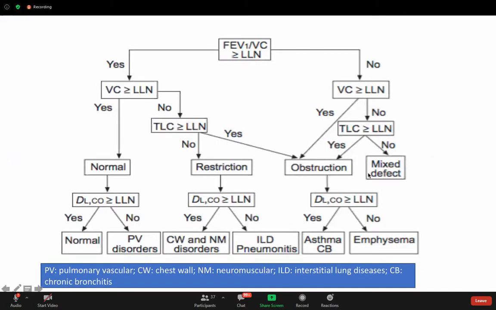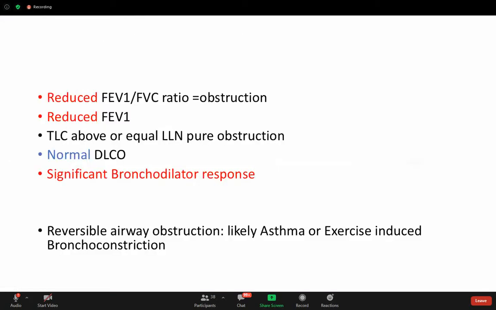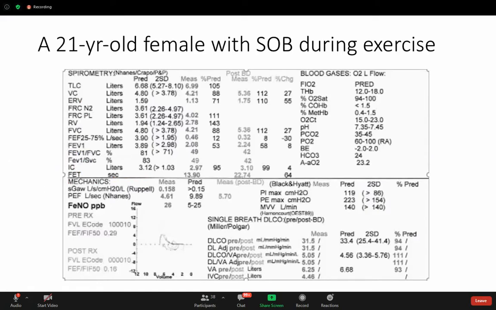COPD, unfortunately no. So whether asthma or chronic bronchitis. So her symptoms, are they going toward chronic bronchitis or asthma?